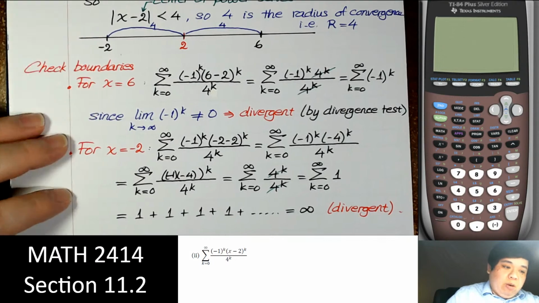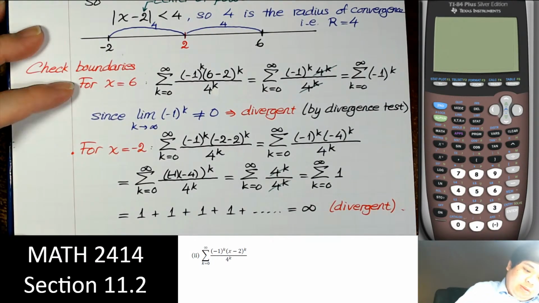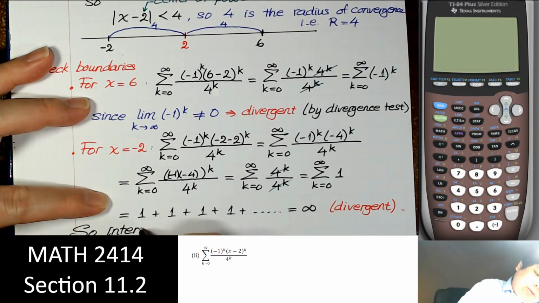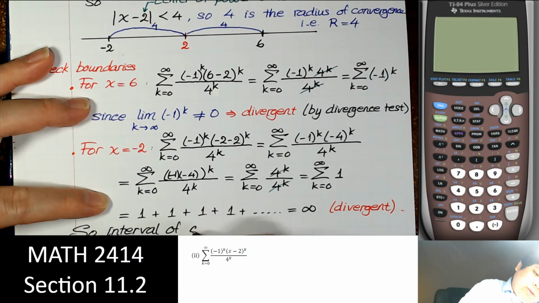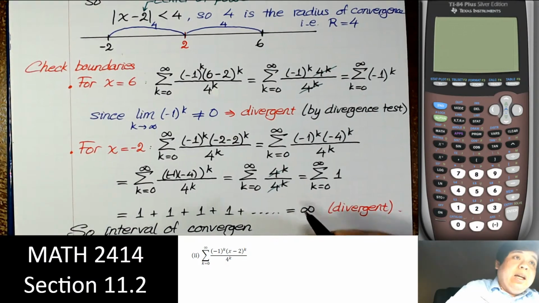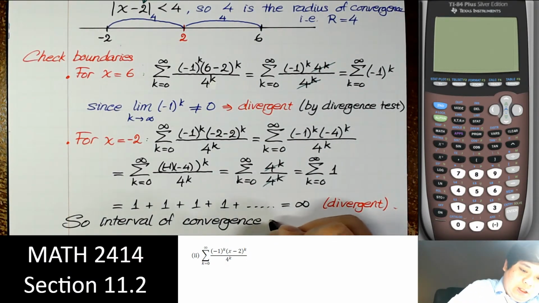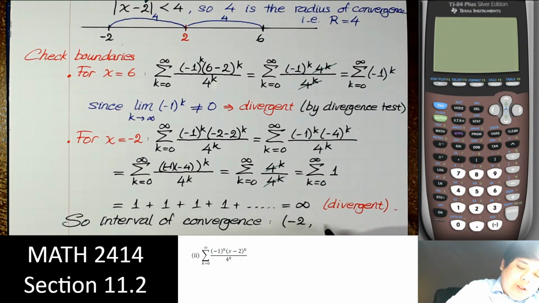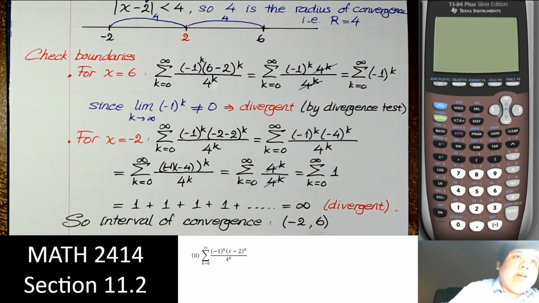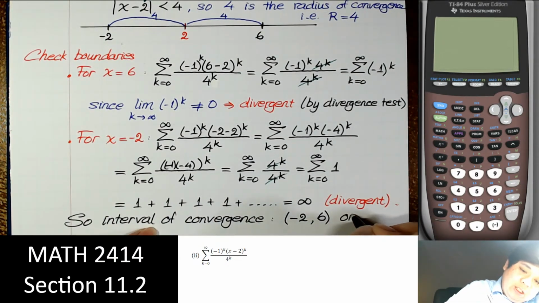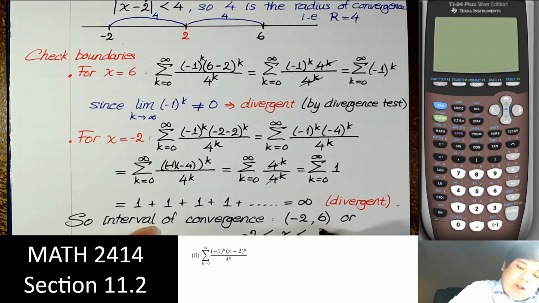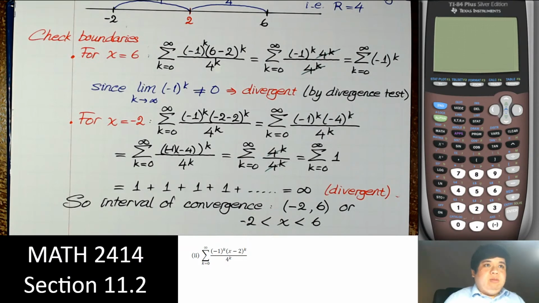So interval of convergence will be from -2 to 6, or we write x between -2 and 6, not including the -2 and the 6.